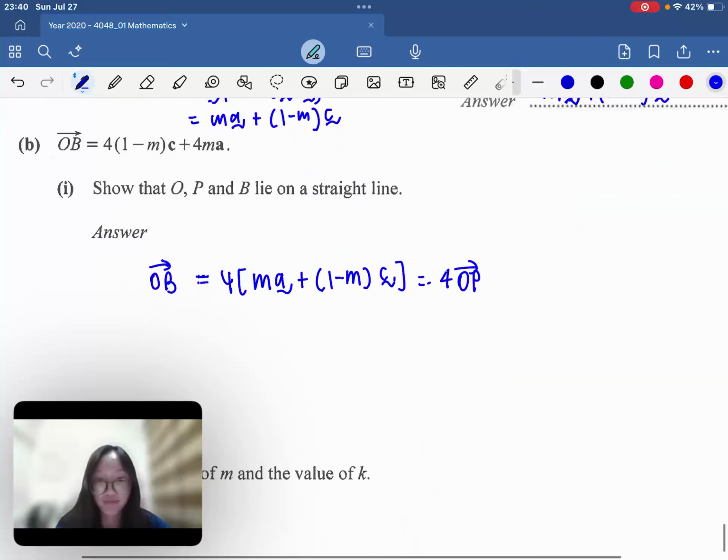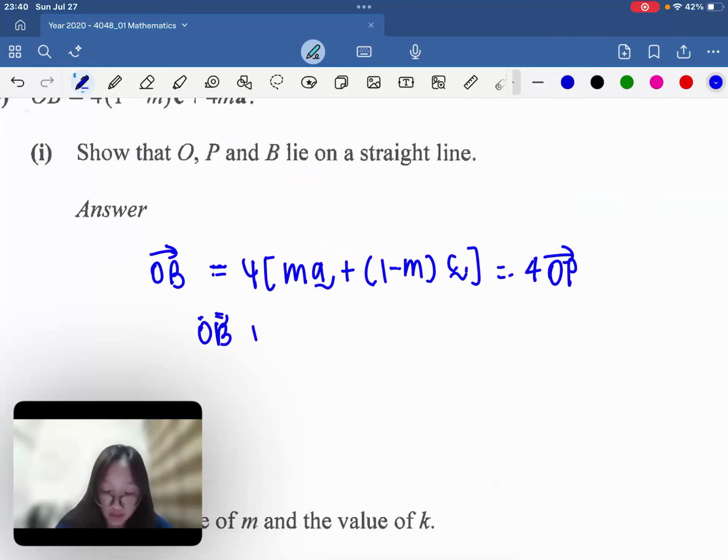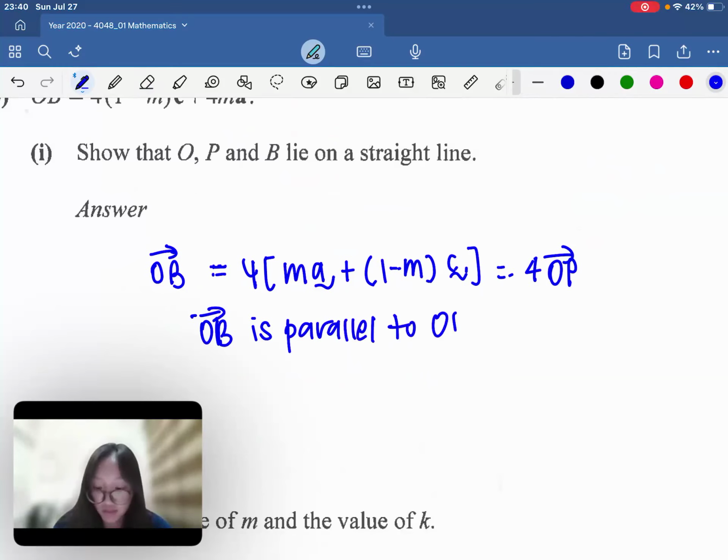So therefore we can conclude that OB is parallel to OP.